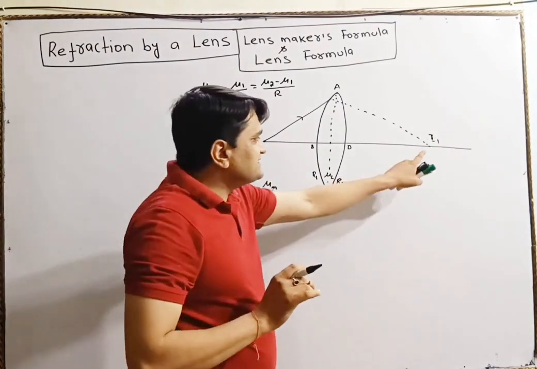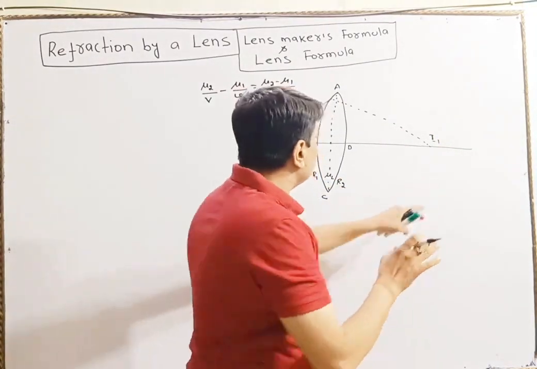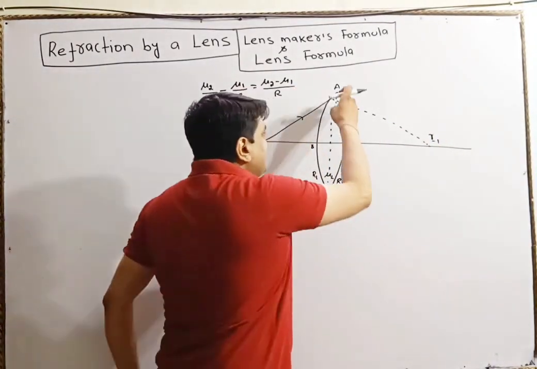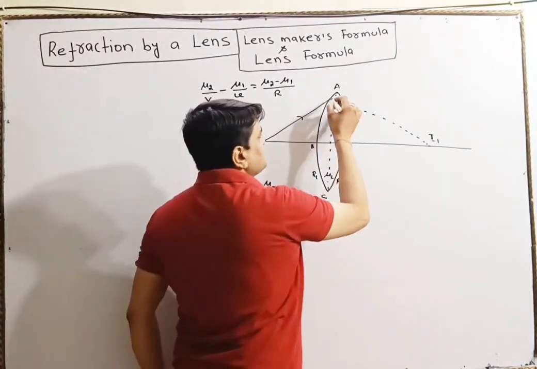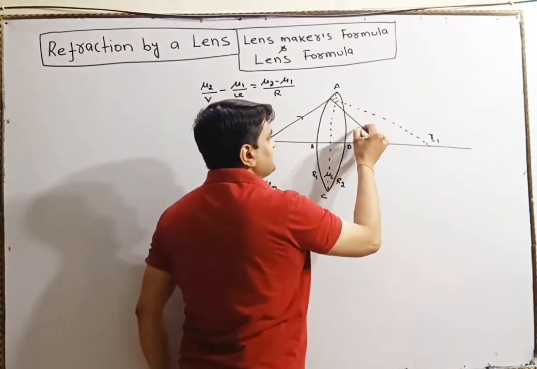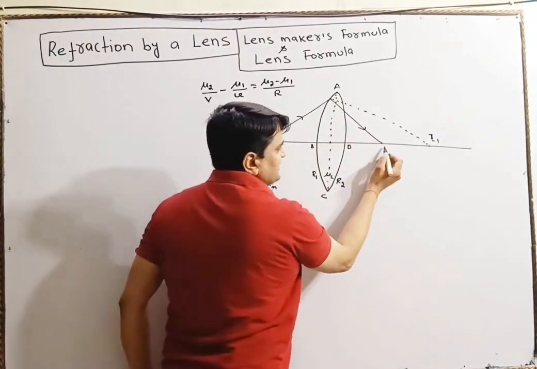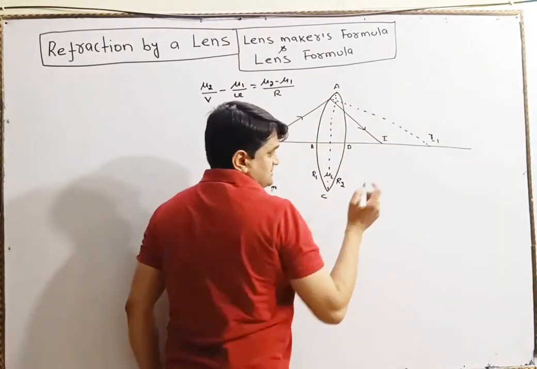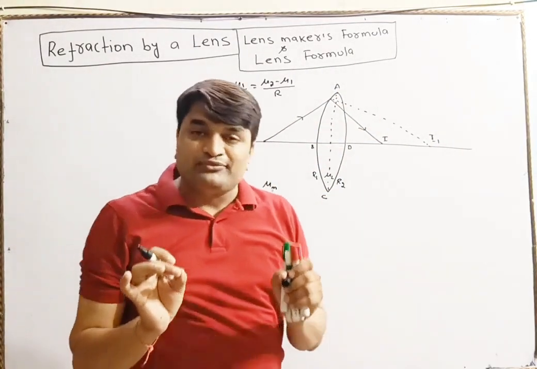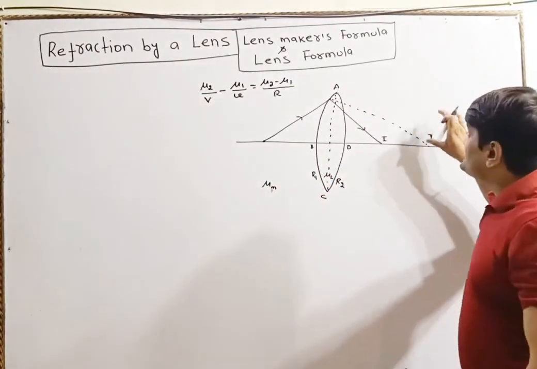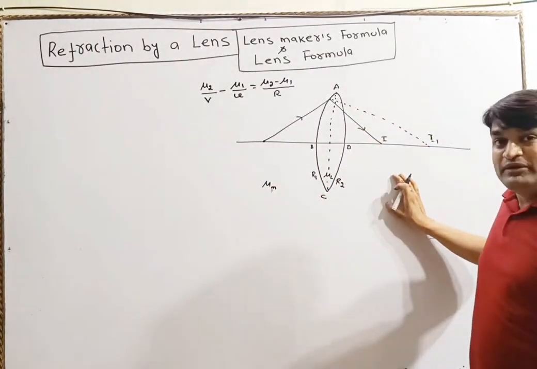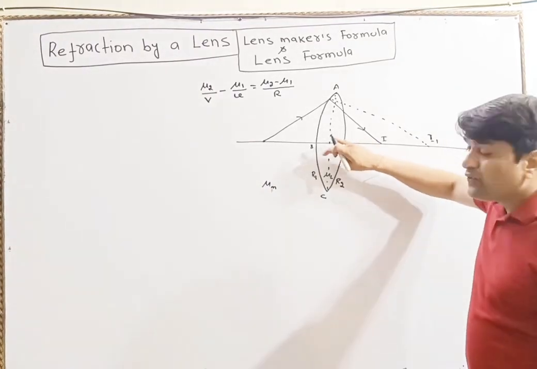Remember that this image is not formed in this medium. It is in the lens, because the final image will be like this after the refraction from the second surface. It will be the final image. The key point you have to remember in this derivation is that I1 is not in the mu m medium. It is in the mu l medium.